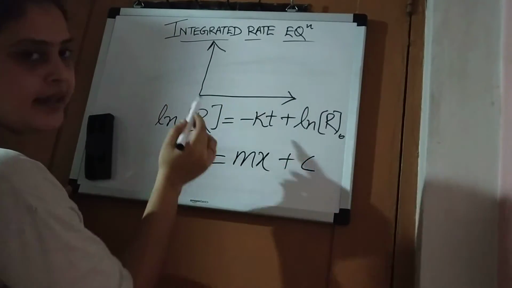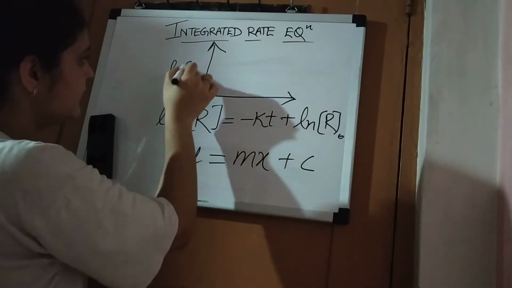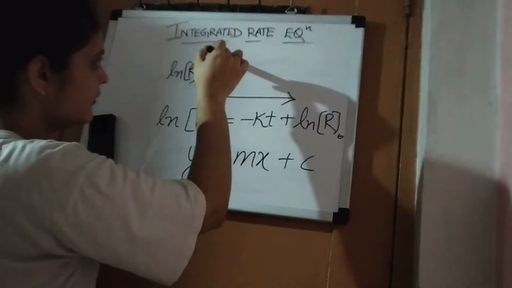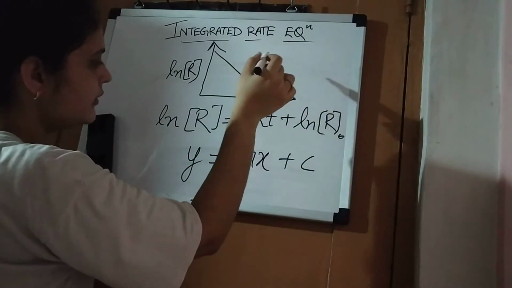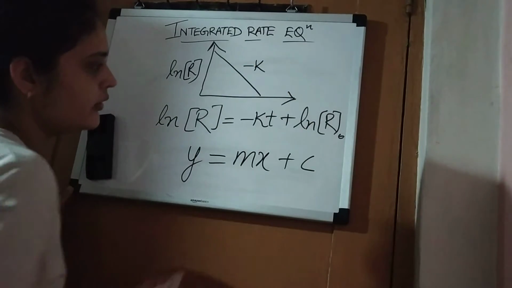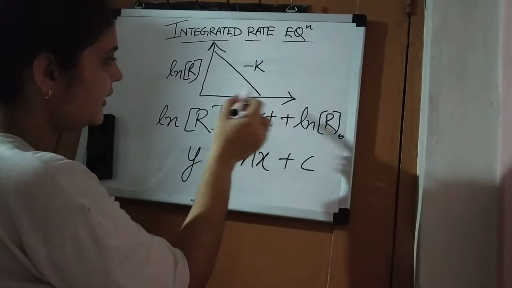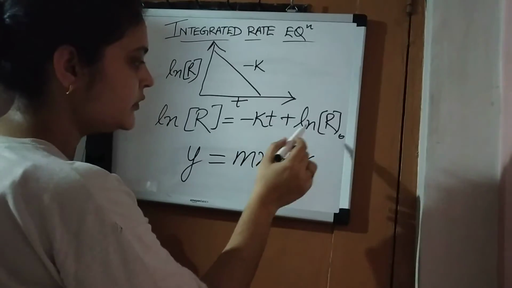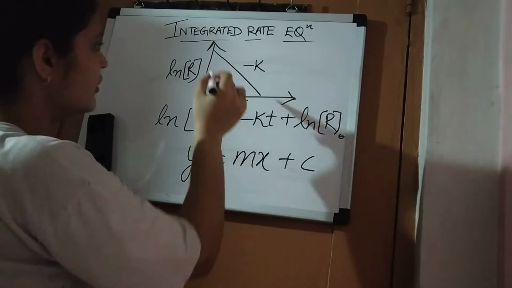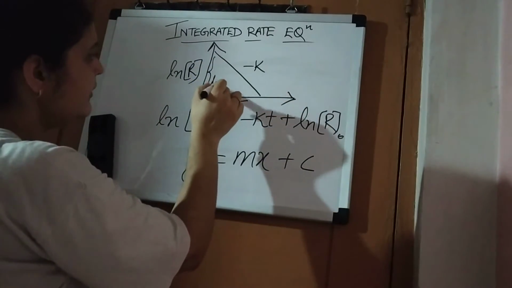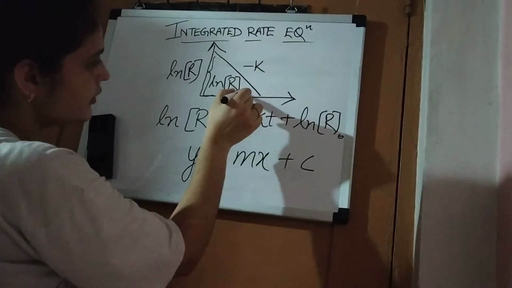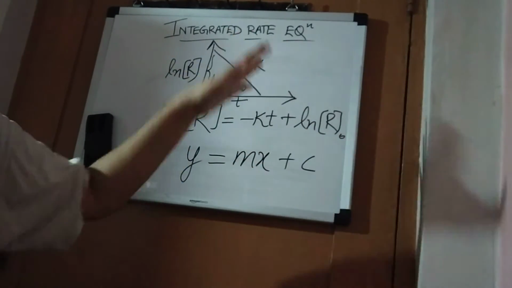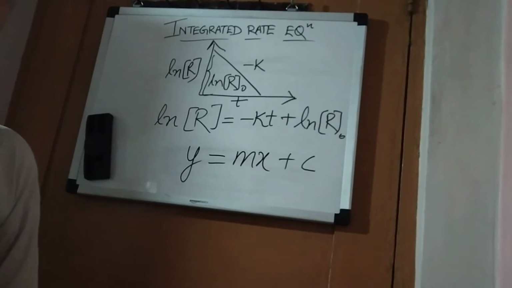The y coordinate is ln R, the slope is minus k, the x coordinate is t, that is time, and the intercept is ln R naught. So this is the graphical representation of the integrated rate equation for first order reaction.